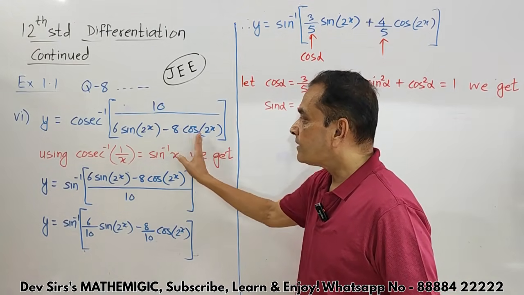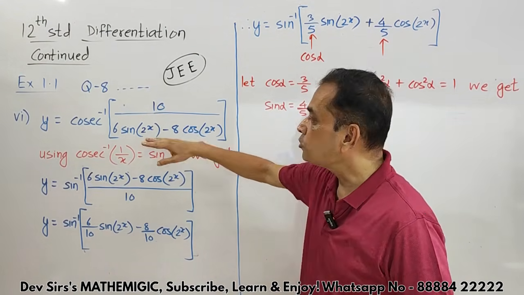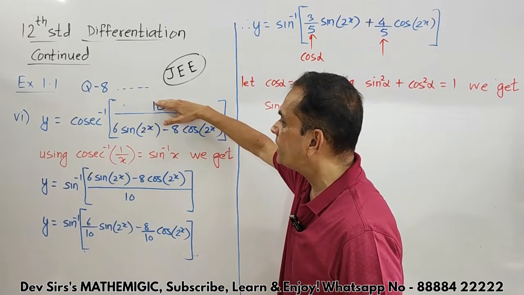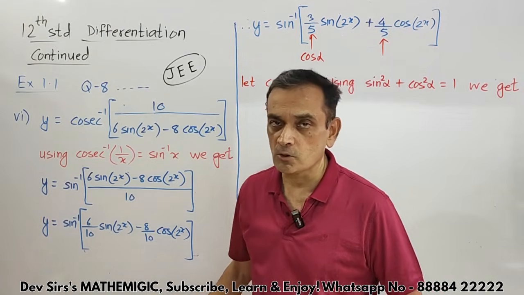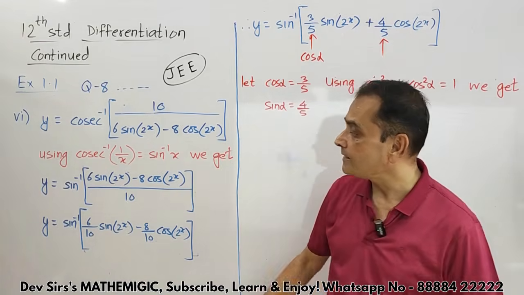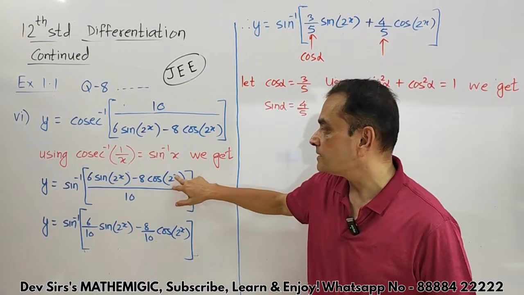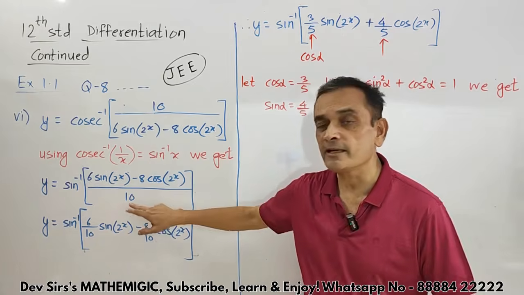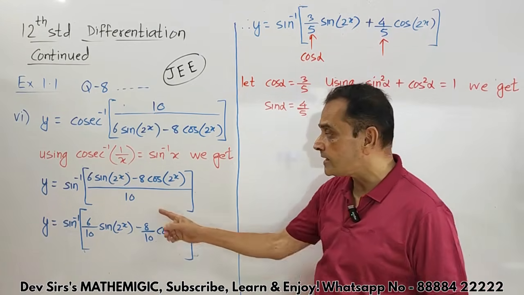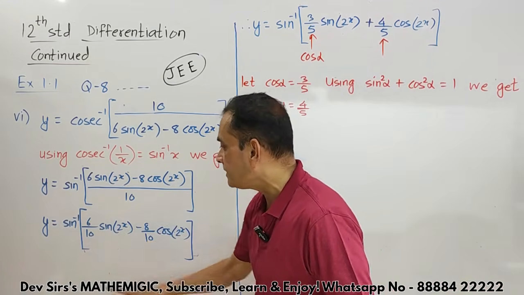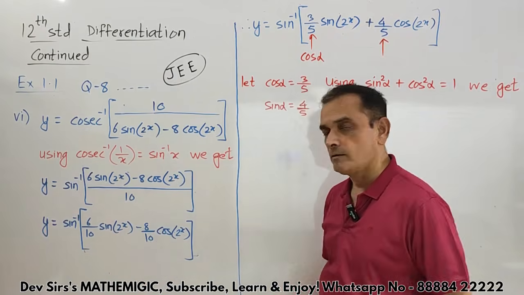Separating out like this is not allowed here. Two terms in the denominator, one term in the numerator: mathematically it is not allowed. That is one more reason that two terms should be present in the numerator, one term in the denominator. After this, we separate out the constants, 6 upon 10 minus 8 upon 10.